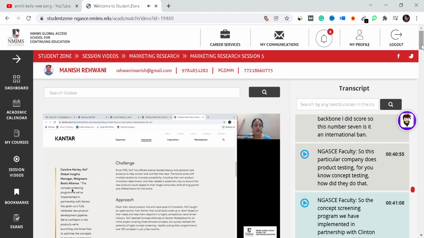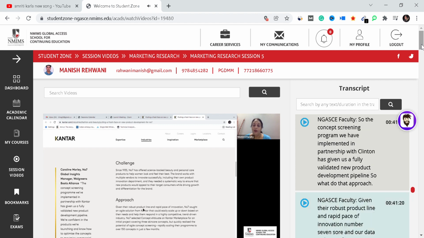The concept screening program we have implemented in partnership with Kantar has given us a fully validated new product development pipeline. So what was the approach? Given their robust product line and rapid pace of innovation, Number 7 sought an agile solution from Kantar that could easily scale up or down based on their needs and help them respond in a highly competitive, trend-driven industry.